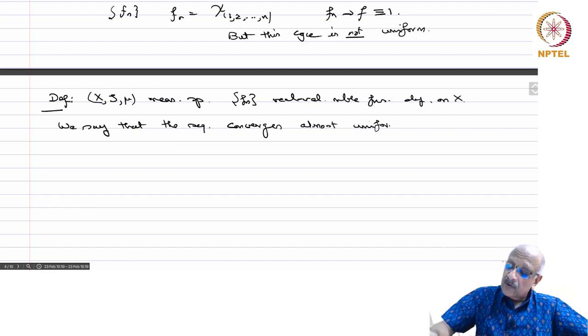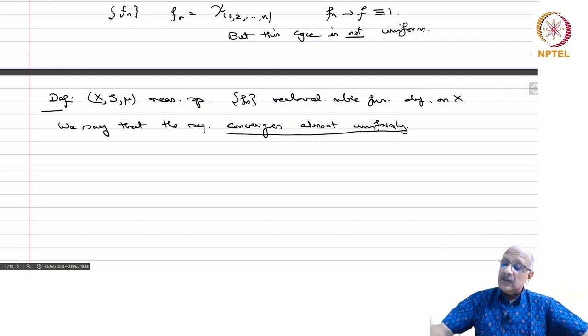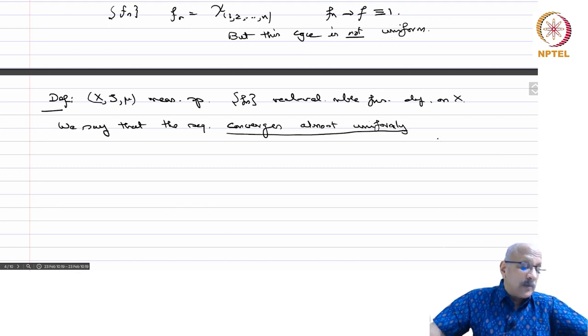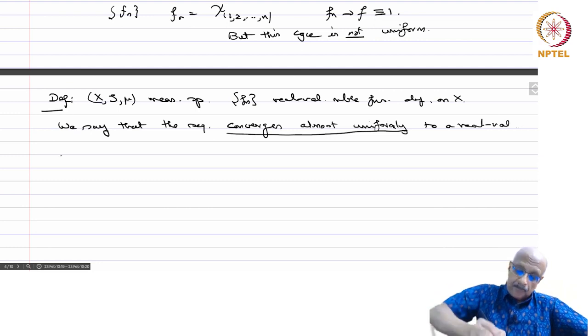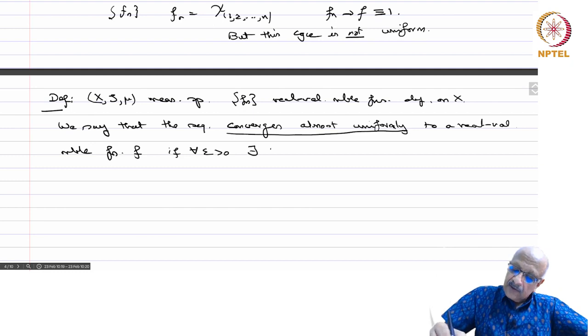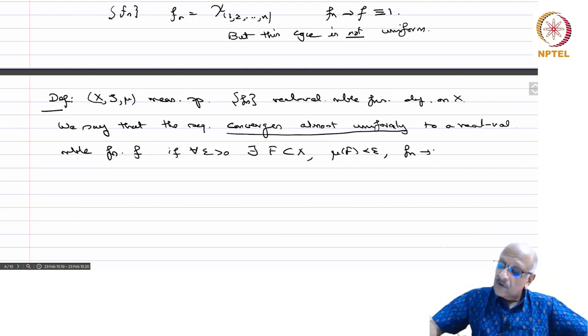Here this almost is not in the sense of what we have been saying before about almost everywhere. It converges almost uniformly to a real valued measurable function f if for every epsilon positive there exists an F contained in X, measure of F less than epsilon, and f_n converges to f uniformly on F complement.